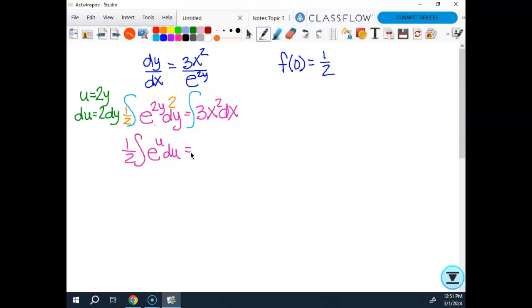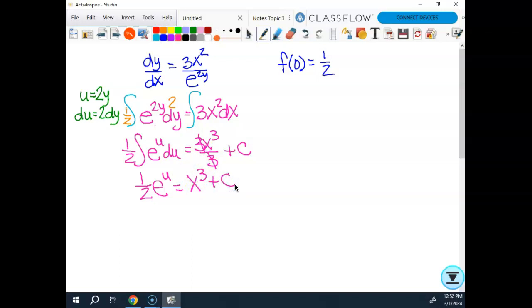Do I need to do u substitution on the right-hand side? No, I can go ahead and integrate and get x cubed over 3 plus c, right? Okay, so when I integrate e to the u, what do I get? E to the u. So this will be 1/2 times e to the u, that's after I integrated, equals, then now my 3's will cancel out, and I get x cubed plus c.